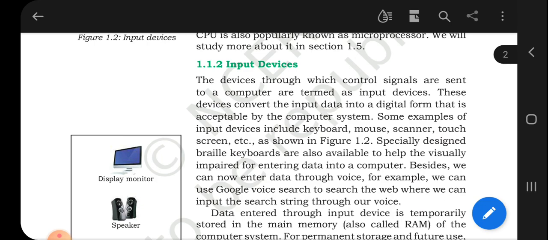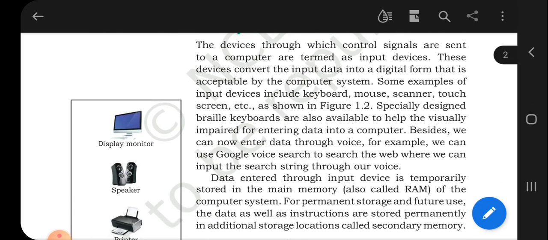Besides, we can now enter data through voice. For example, we can use Google Voice Search to search the web, where we can input the search string through our voice, right? That means voice is also a form of input device.